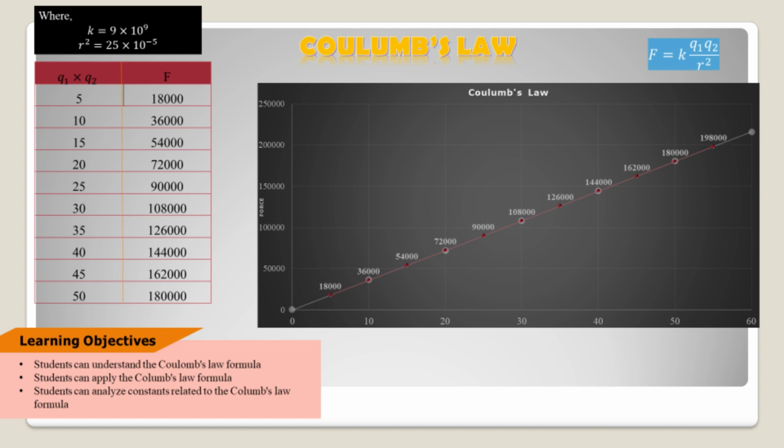If Q1 times Q2 is equal to 50, the force is equal to 54,000. If Q1 times Q2 is equal to 20, the force is 72,000. And if Q1 times Q2 is equal to 25, the force is equal to 90,000.